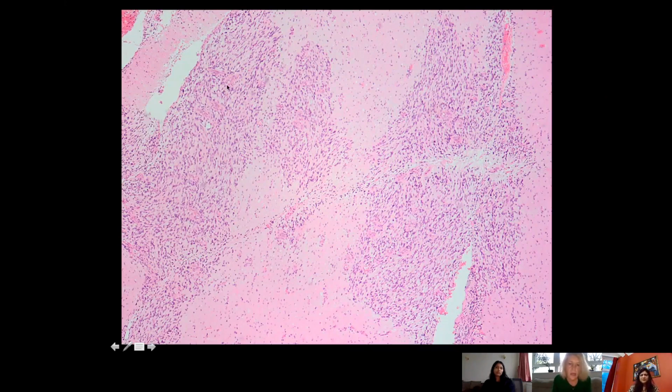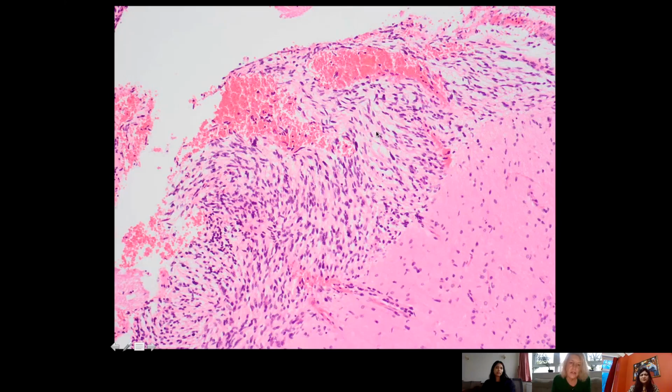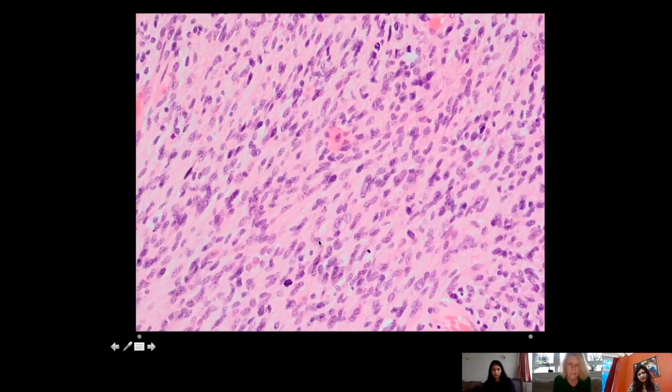And at high magnification, the cells show spindle nuclei and a bit of a piloid morphology with these long hair-like processes. And at higher power, we can see the relatively monomorphic elongated nuclei, but we can also see something else, as this tumor has numerous mitotic figures.